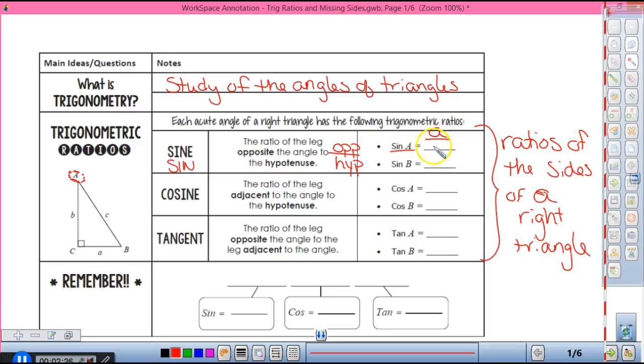C. Okay, so sine of A is opposite over hypotenuse. Alright? If I'm looking at sine of B, now I've got to go down here and look at this angle. And opposite of B is who? B over, what's my hypotenuse? C.